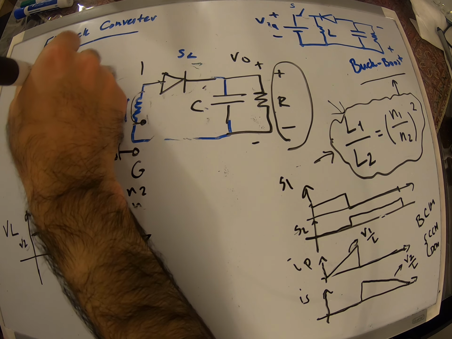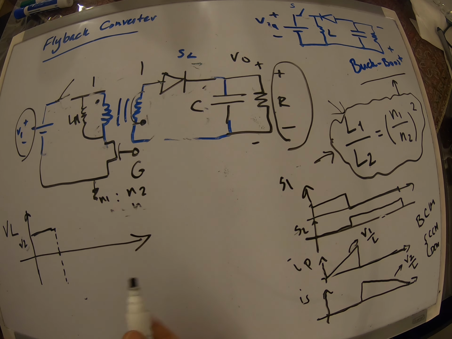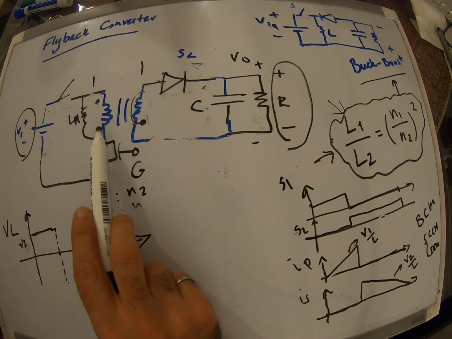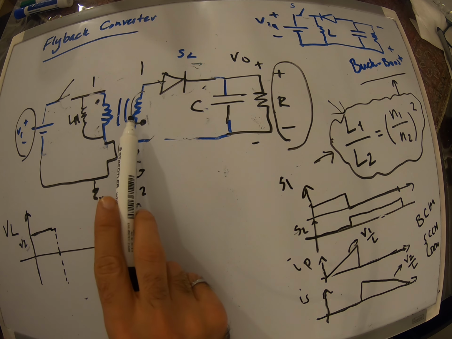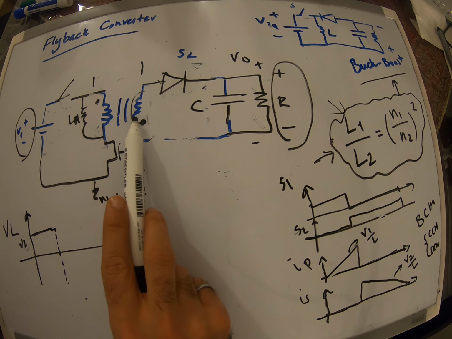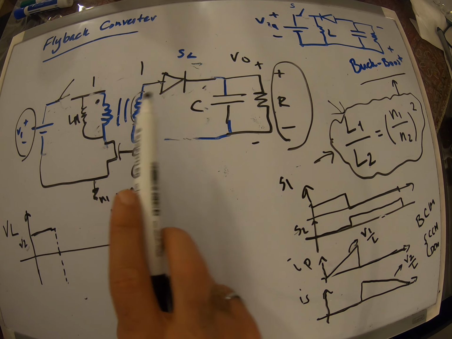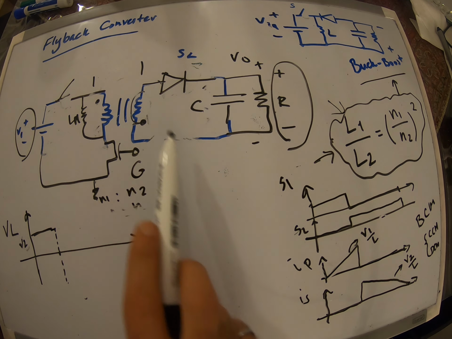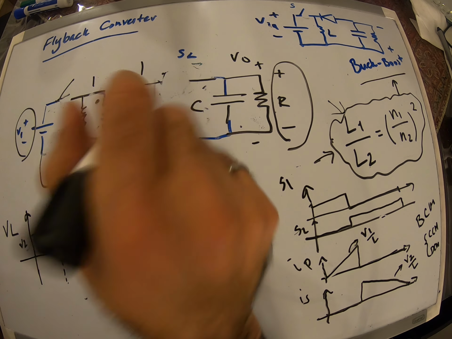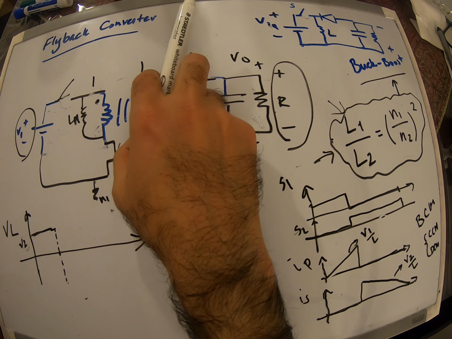When this is open, the turns ratio relationship between voltage on the primary and secondary is always valid. So V1 over V2 is going to be N1 over N2, right? So we have the output voltage on this side, VO, and this diode is going to conduct. So this voltage is going to be VO.